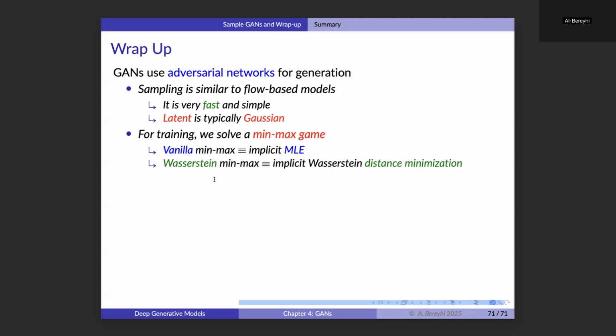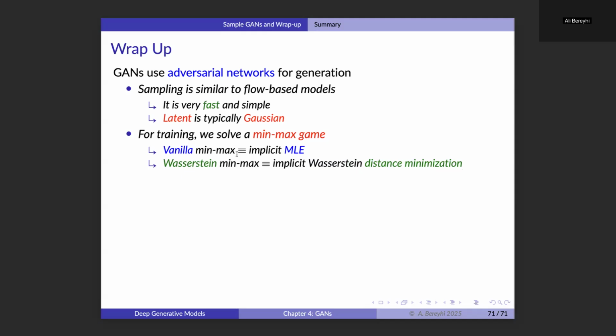So we just solve this vanilla min-max game with a very basic form, right? But we can instead implicitly minimize the Wasserstein distance between the two distributions, the output of the generator and the data distribution. In this case, we are doing the Wasserstein min-max optimization, right? And both of them are valid approaches for training a GAN architecture.